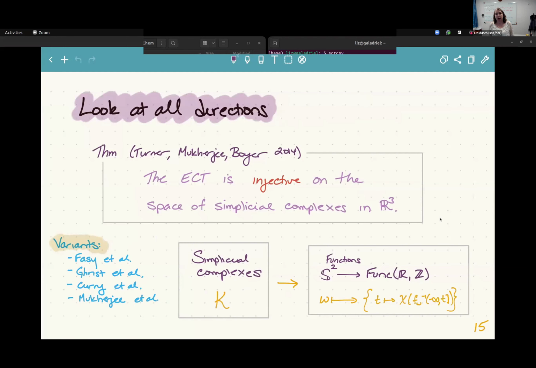What that means is that if I have two spaces that get mapped to the same Euler characteristic transform, they must have been the same to begin with. So the upside here is that this is a lovely representation for differentiating what's going on with your particular shapes and structures. Unlike before, where if I had the same Euler characteristic, I couldn't promise you anything, now I can actually take this pile of data and use it as a representation of my simplicial complex.